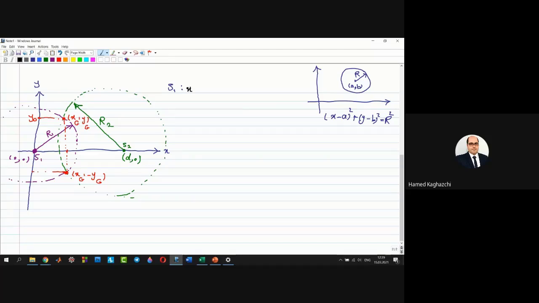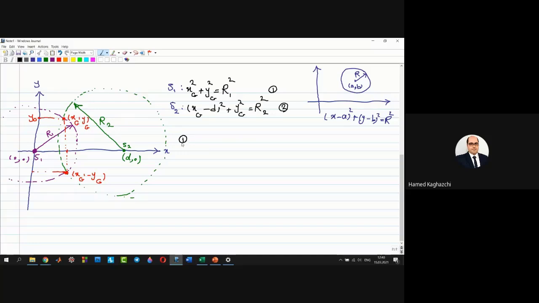So I can write that x squared plus y squared is equal to R1 squared. And for S2, I write (xg minus d) squared plus yg squared is equal to R2 squared. This is the first equation, and this is my second equation.